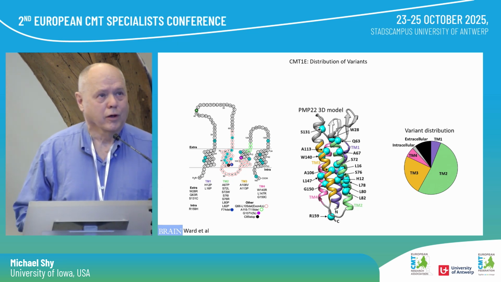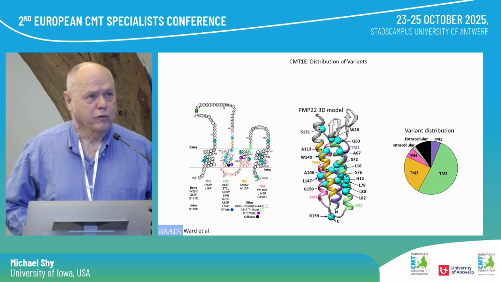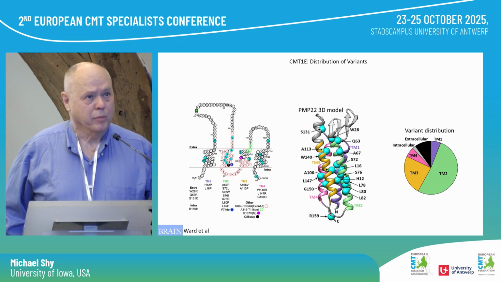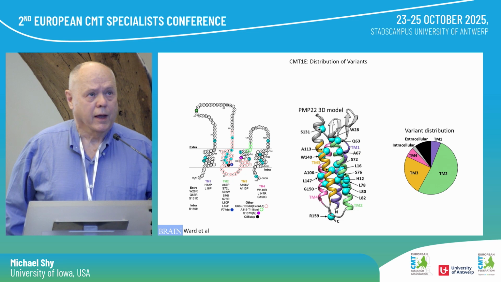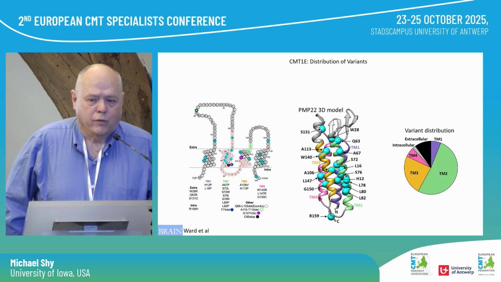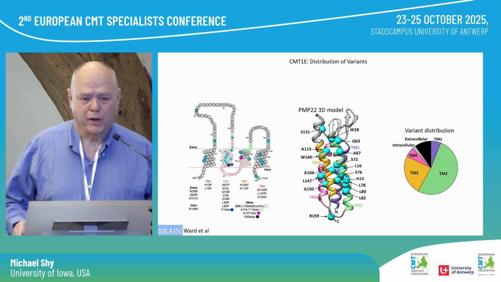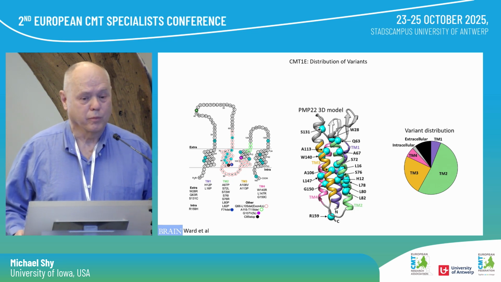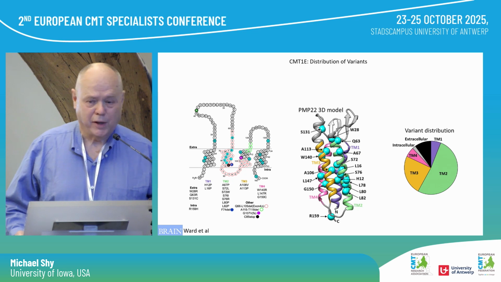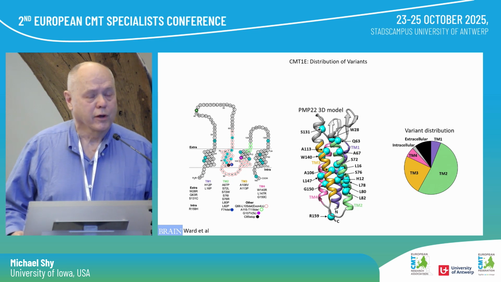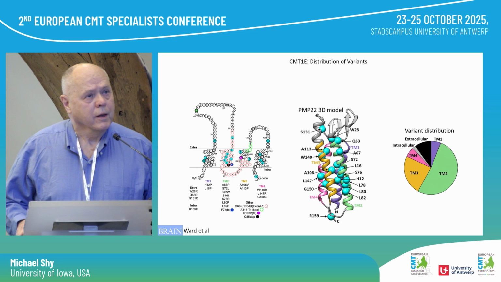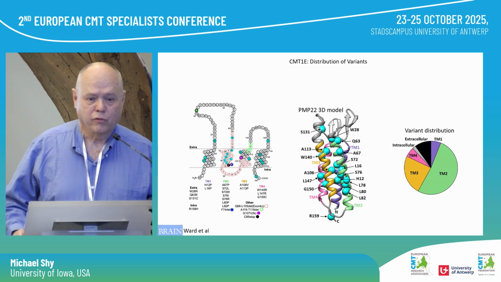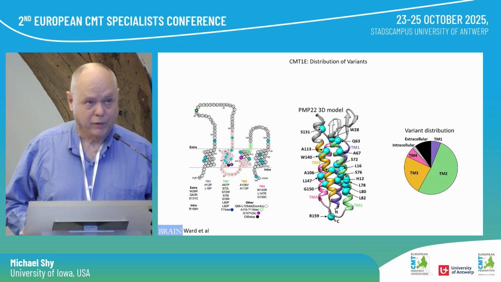And on the left here, I think you see a two-dimensional image of the protein. It's a tetramembrane protein, and we wanted to look again at the phenotypes of patients with CMT1E, so we screened the Inherited Neuropathy Consortium databases, and we found 50 patients with 24 different mutations. We were surprised to find that almost all the mutations occurred within the transmembrane domains.